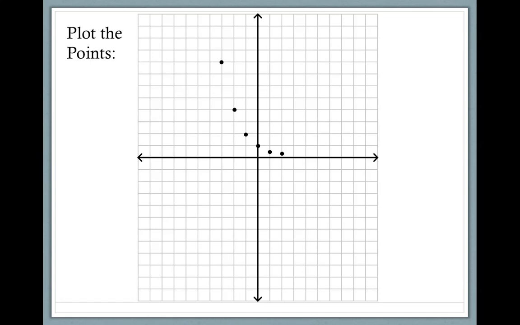And we can tell from the points that we're still going to get a curve like we did with exponential growth, but now instead of the curve starting out small and getting bigger, we start with a curve that starts out large and comes down and gets smaller as our x's get bigger.